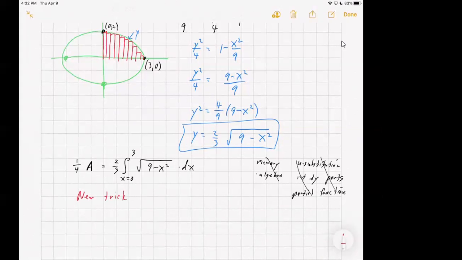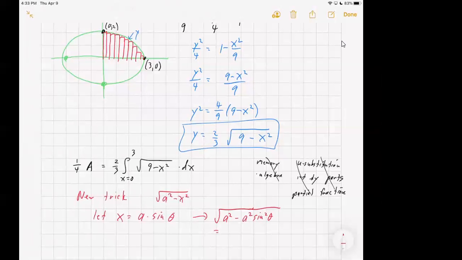The integral has an integrand that has an a squared minus x squared in it, okay? So the new trick is let x equal a times the sine of theta. Now, why does that work nicely? Because then this leads to the square root of a squared minus a squared sine squared theta.